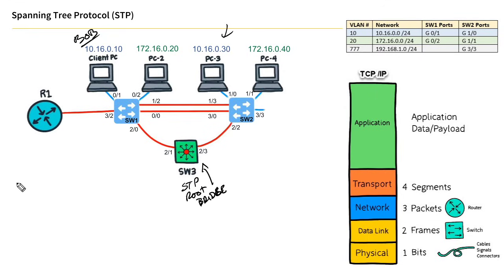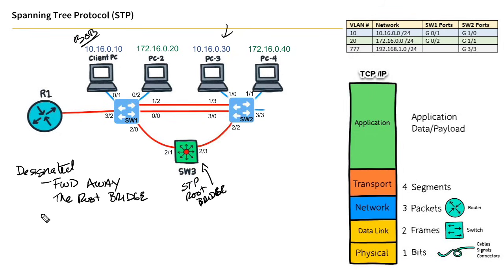And we have two roles we've talked about so far. We have ports that are designated, and designated means this: we're forwarding frames away, or in the opposite direction of the root bridge.